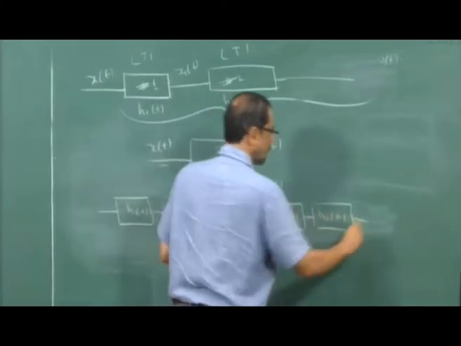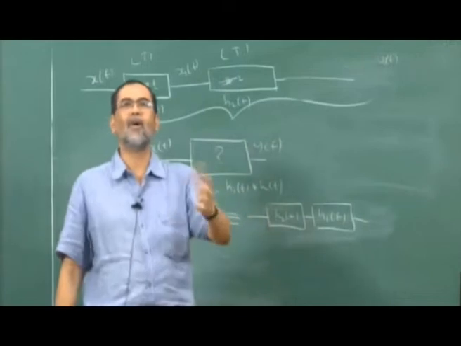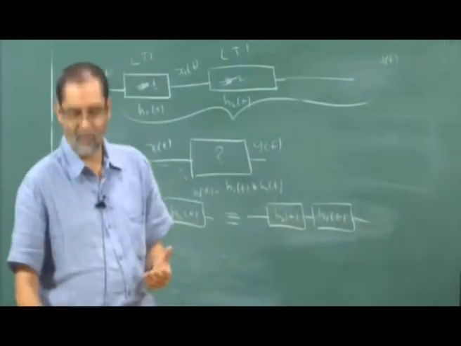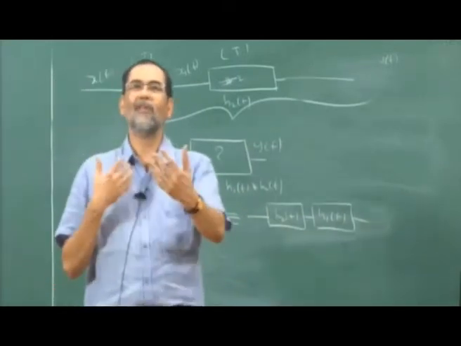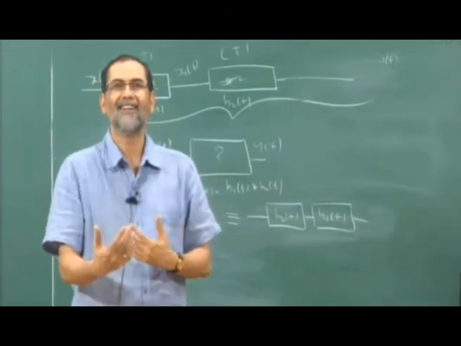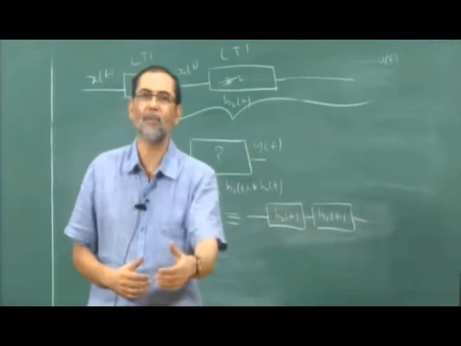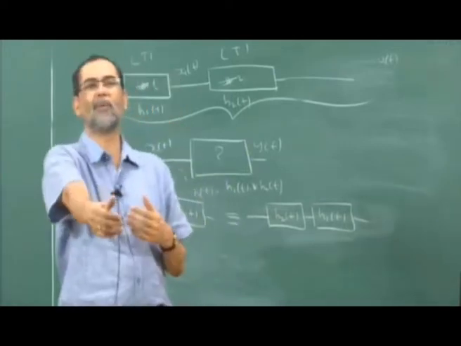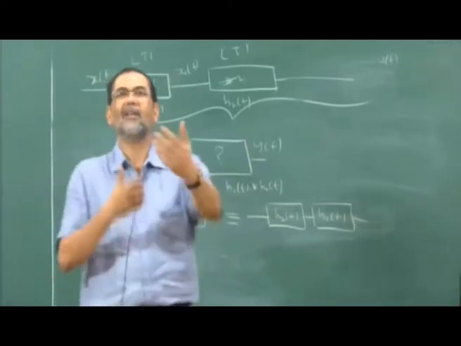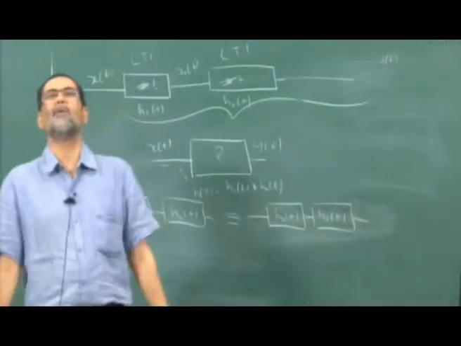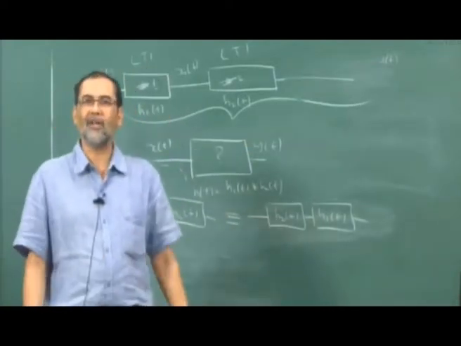The order can be interchanged. So for LTI systems, when you have a tandem connection, the nice thing is it doesn't matter whether you perform this operation first and the second LTI operation next. The order doesn't matter, you get the same output. You can interchange the order.